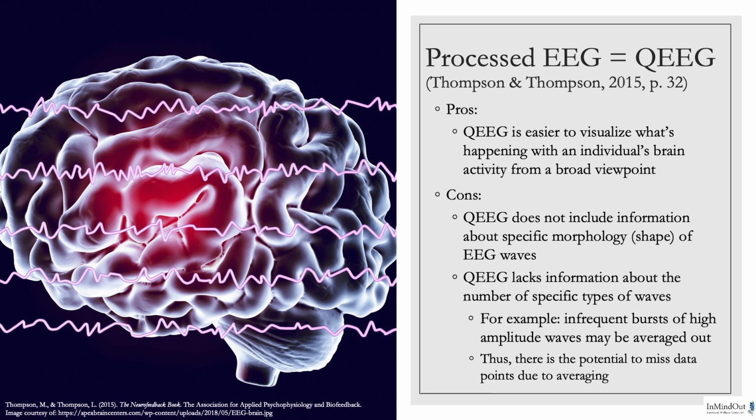Also, infrequent bursts of a certain kind that may be very meaningful may be averaged out when looking at a longer EEG record. So again, you may be missing data if you don't look at the raw EEG first. Do not take the shortcut and rely on automatization. Look at the EEG yourself. Don't be afraid of it, and learn to read the raw data.